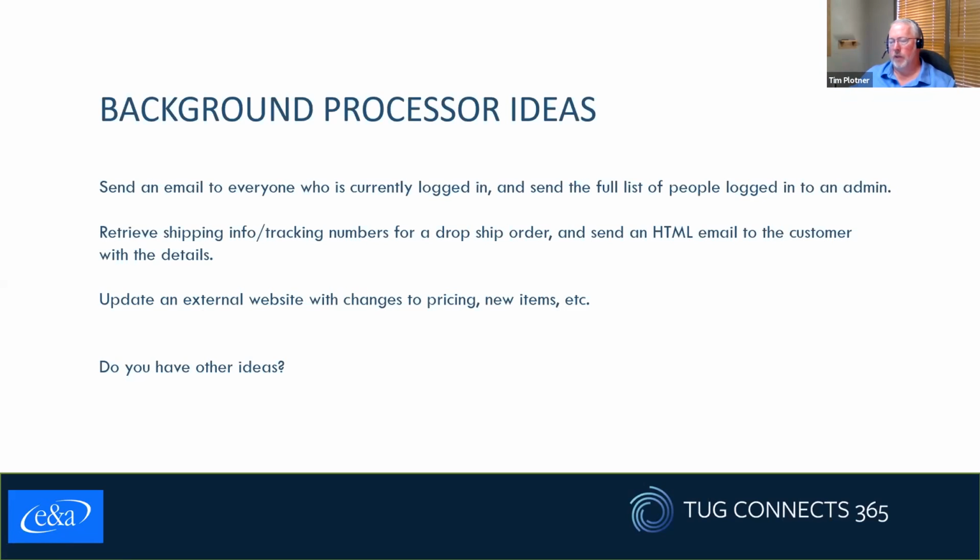You could also generate a list of all of the custom pricing, like contracts, for example, every quarter and email it to the relevant salesperson, so they can see all those things. There are lots of different ways that you can have a background processor generate information and push it out of FACTS.